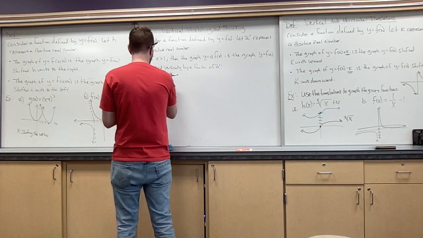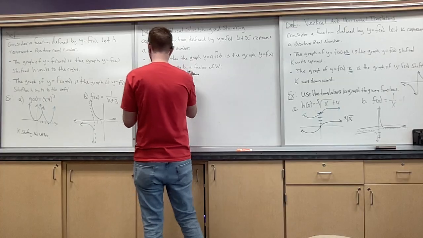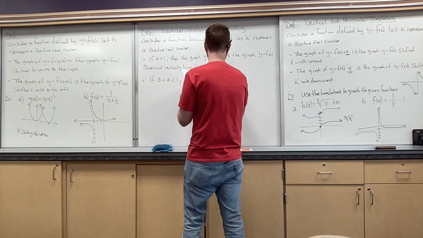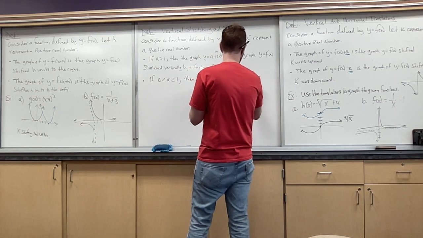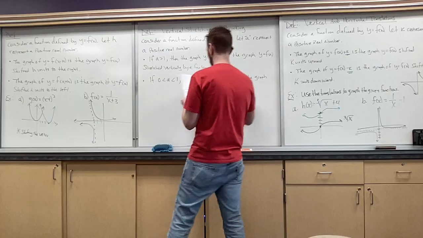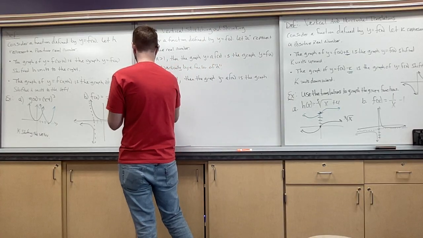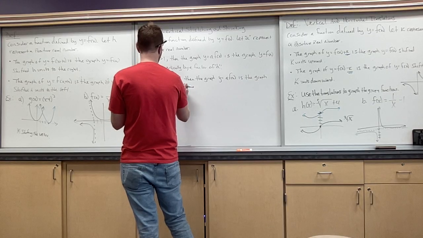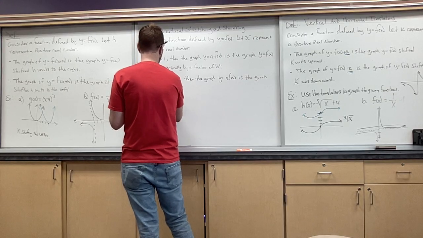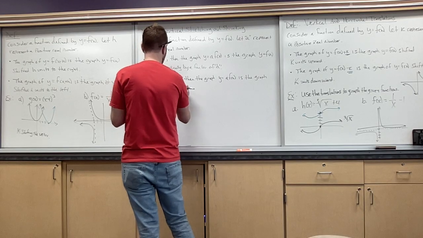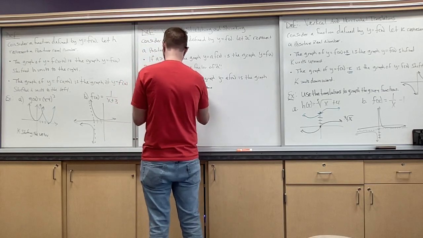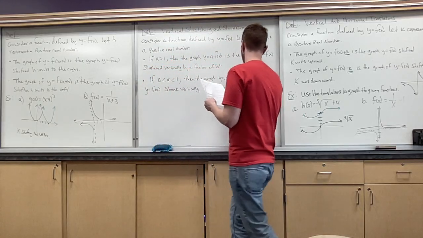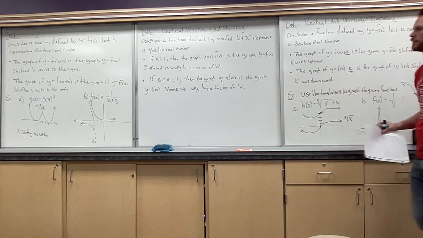If A is between 0 and 1, so I'm talking about a fraction here, then the graph y equals A f of x is the graph y equals f of x shrunk vertically by a factor. In other words, a fraction.